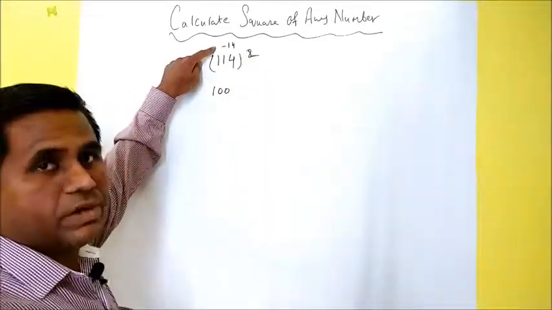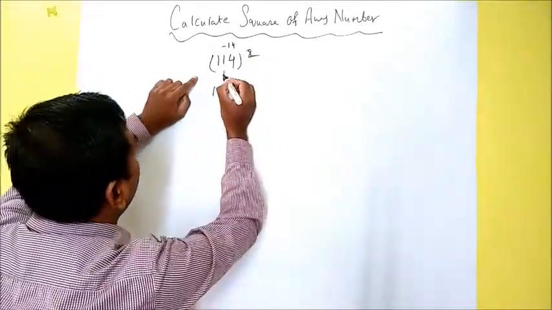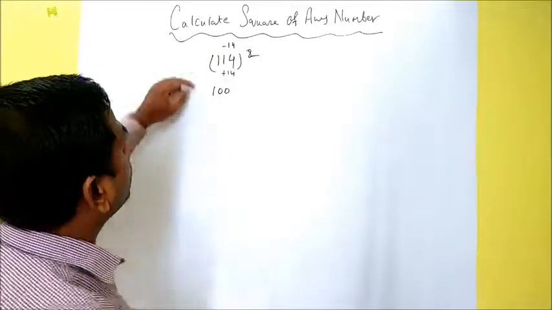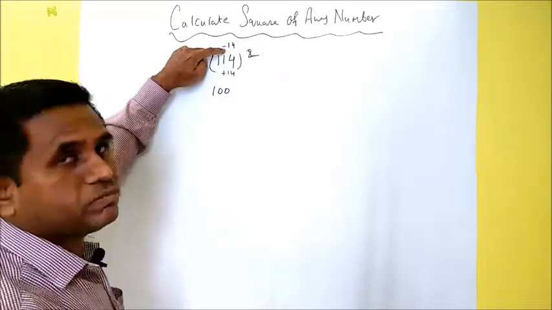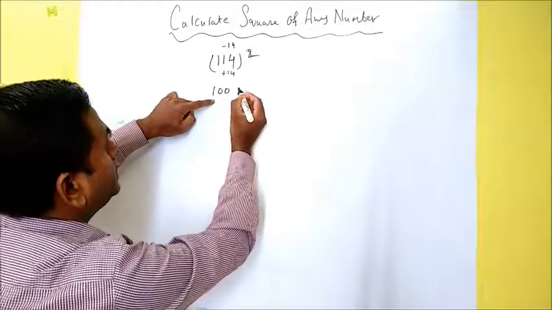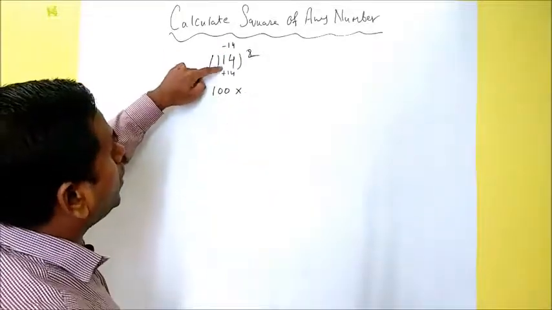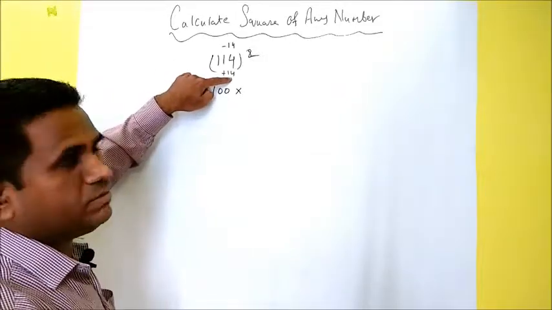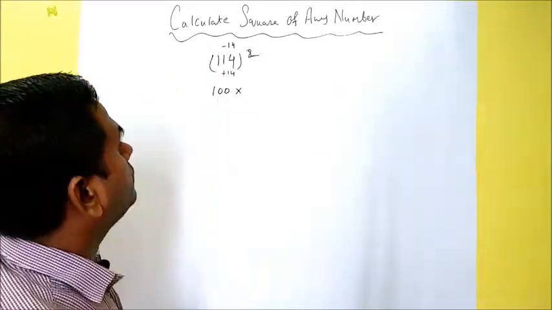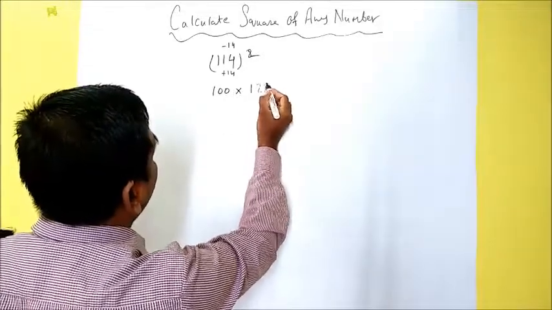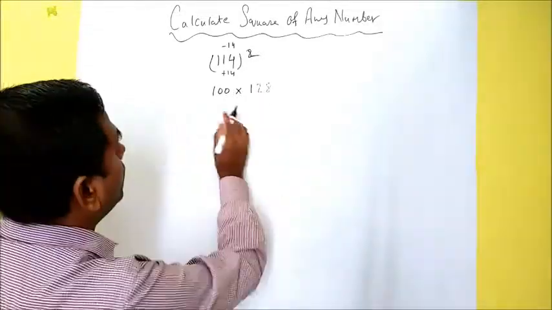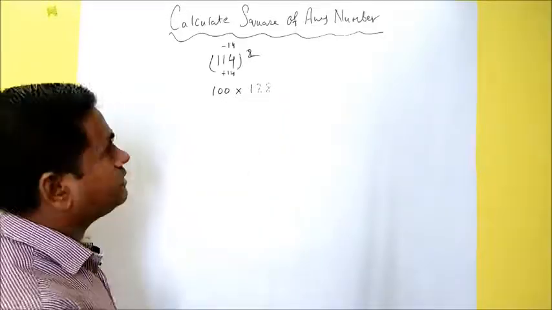So when you get 100 by subtracting 14, you have to add 14 also to the other number. So 114 minus 14 gives 100, multiplied with 114 plus 14. How much is 114 plus 14? 128. So this is the one expression.